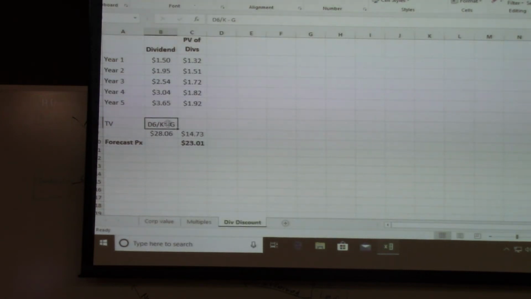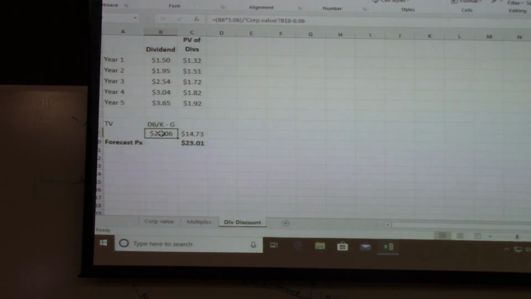Okay, so $3.65 times 1.06 is D6, and then we're going to divide that by K, which is the cost of equity, minus G, which is 0.06. So the cost of equity minus 0.06. So this is D6 right up here, divided by K minus G.